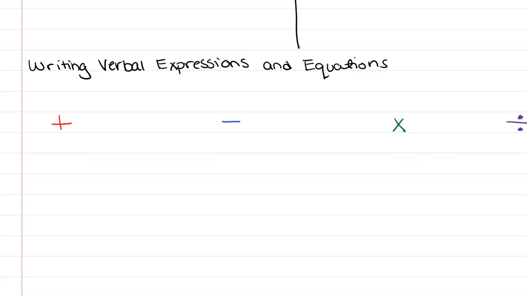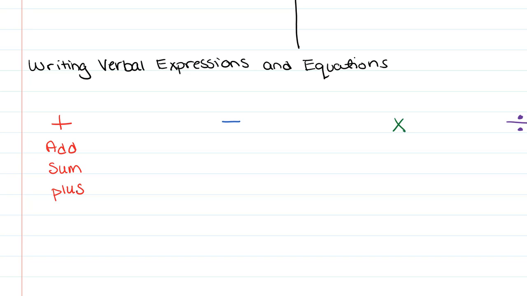The first step in writing verbal expressions and equations is going to be to know the words for the different symbols, or synonyms for these symbols. So for example, this plus sign, we would write that in words saying add, sum, or plus.